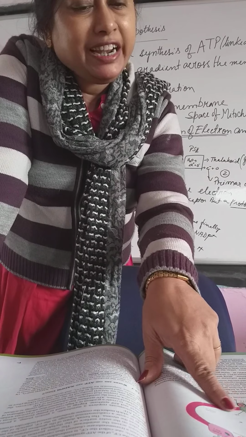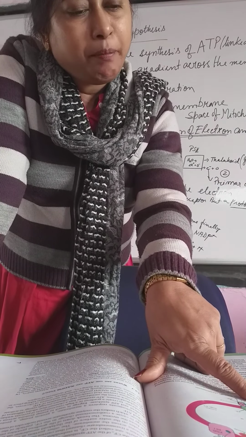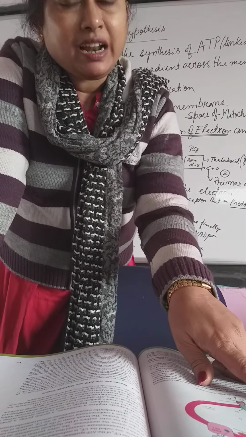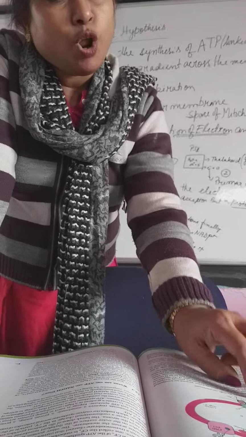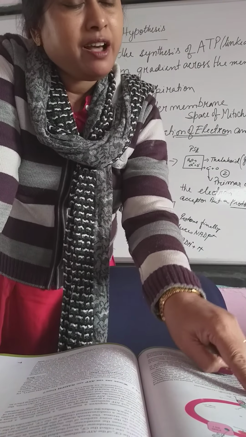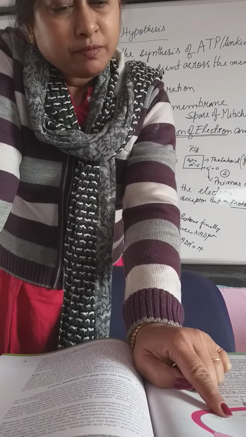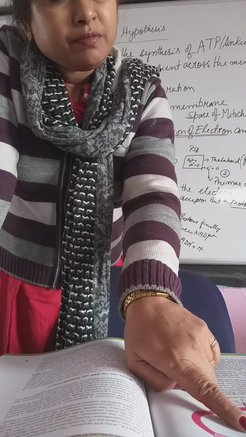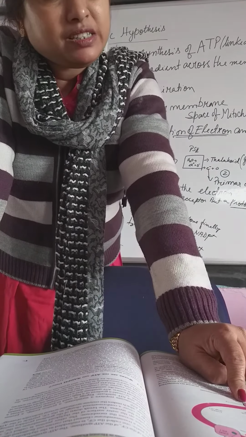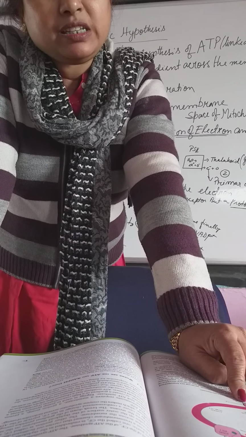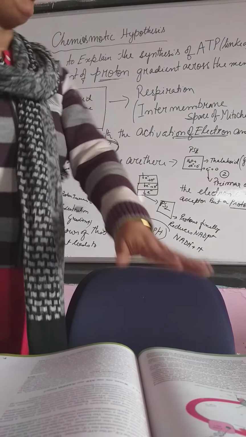The potential gradient within the lumen is high, and outside the thylakoid membrane, that means within the stroma, the concentration gradient is more. So to pump the hydrogen out from here, they need a potential gradient. So here the ATP is used, and to break down the gradient, ATP synthase is also there. So this is actually known as the chemiosmotic hypothesis.